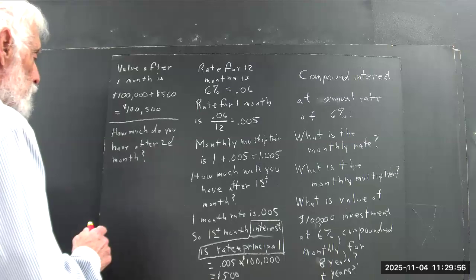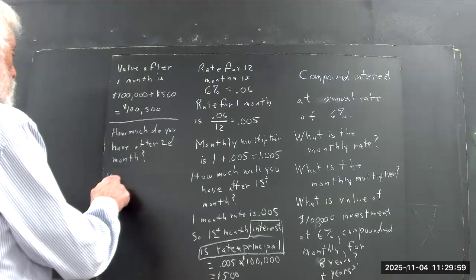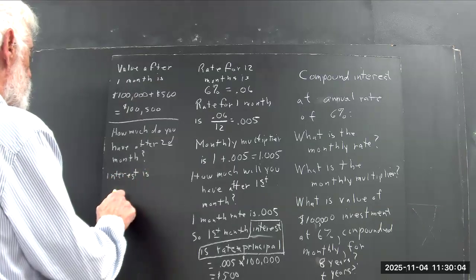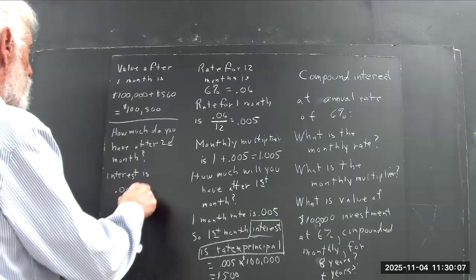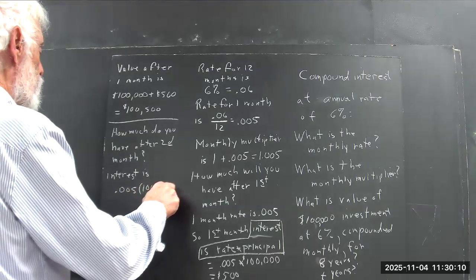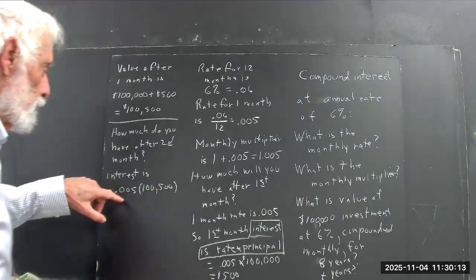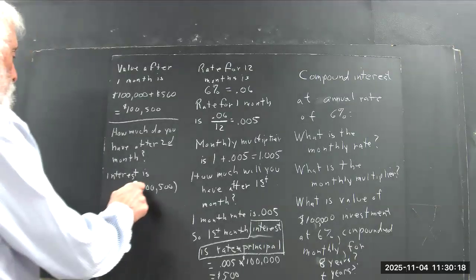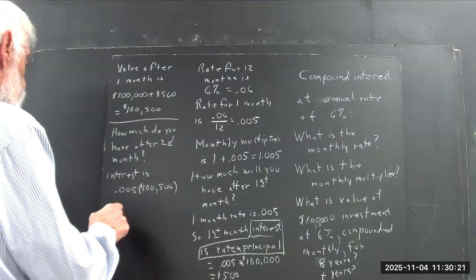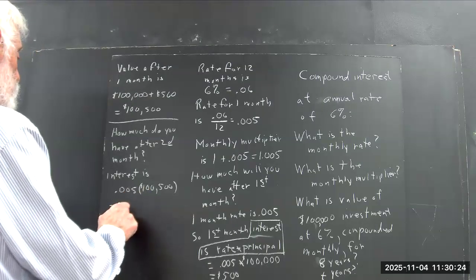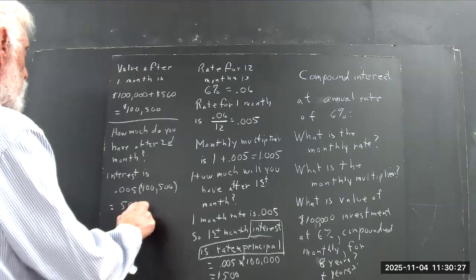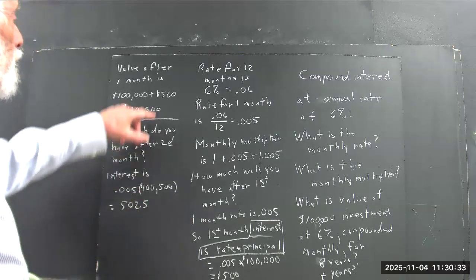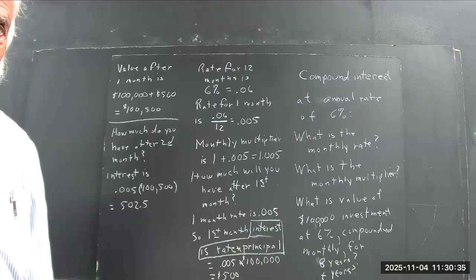So our interest is our interest rate, which is 0.005 times $100,500. Put a dollar sign in there. And that's going to be $502.50, which is $2.50 more than the interest we had last month.